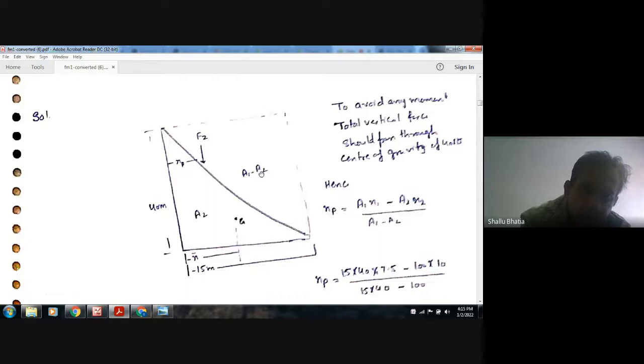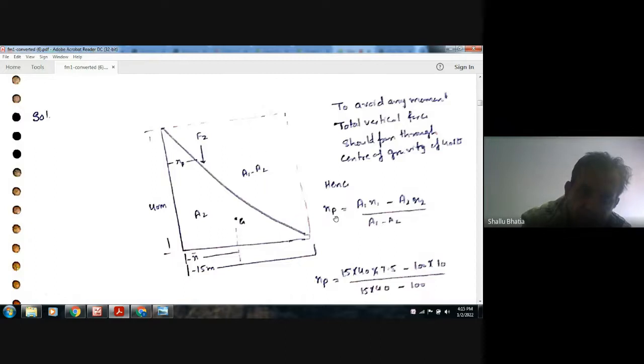The centroid of the whole area is at 7.5, and this centroid should not change by constructing it. So from this we can get xp, the point where the force is acting, which is the centroid of this area.